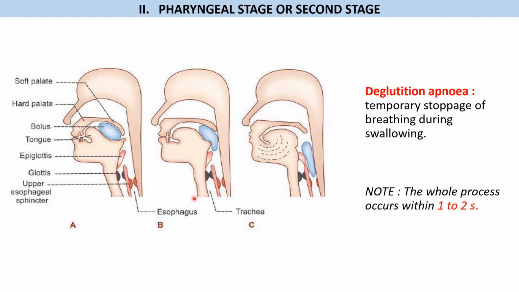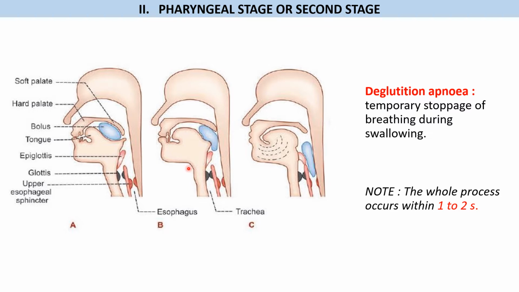Now the nasopharynx is closed by the upward movement of the soft palate, which prevents the regurgitation, or backflow, of the bolus into the nasal cavities. The vocal cords are also strongly approximated, that is, joined together, and thus it stops respiration temporarily.